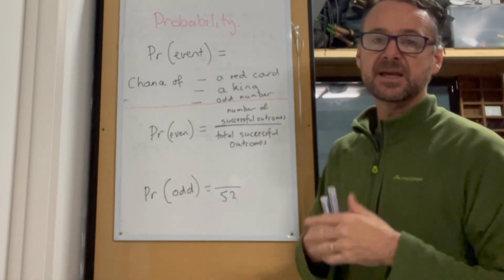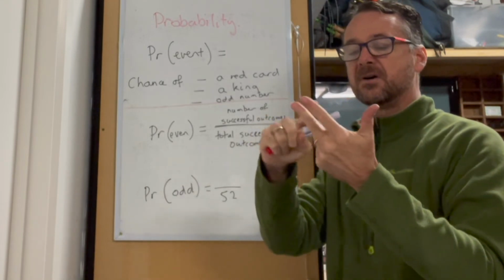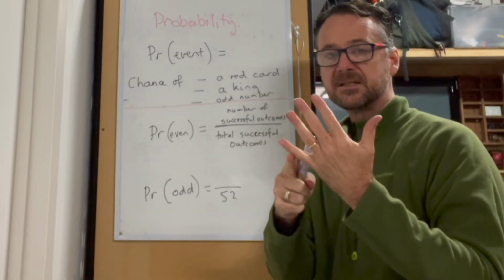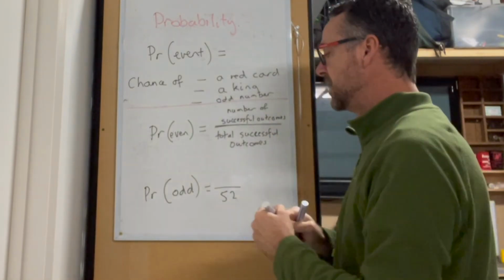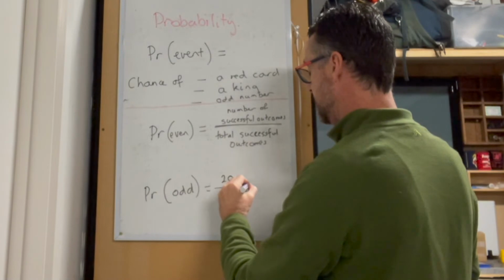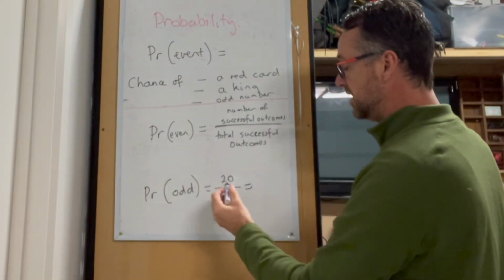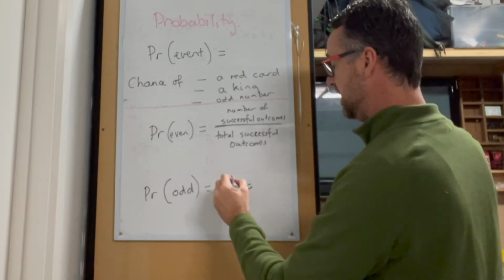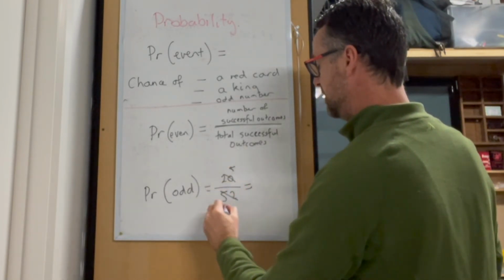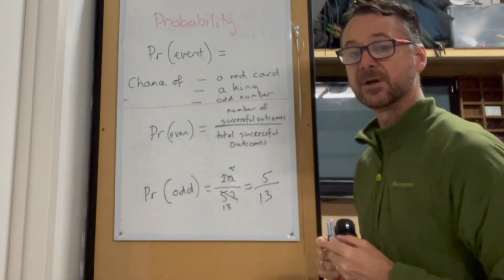So let's consider the ace being a 1. That'd be ace, so 1, 3, 5, 7, 9. So there's 5 cards and there's 4 suits, so it's 4 times 5, which is 20. Then we just need to simplify our fraction. We can divide this by 4, which gives us 5, and by 4 here, which gives us 13. So it's going to be 5 out of 13.